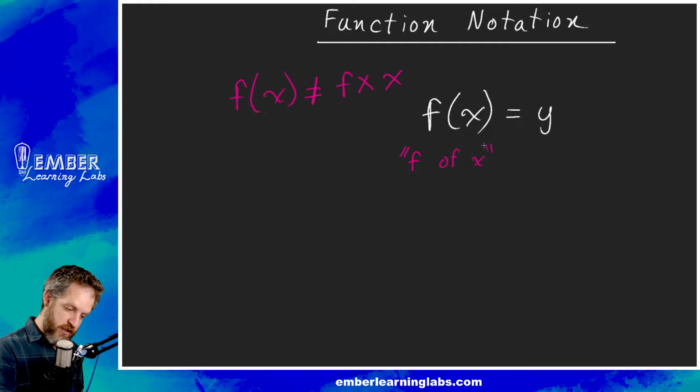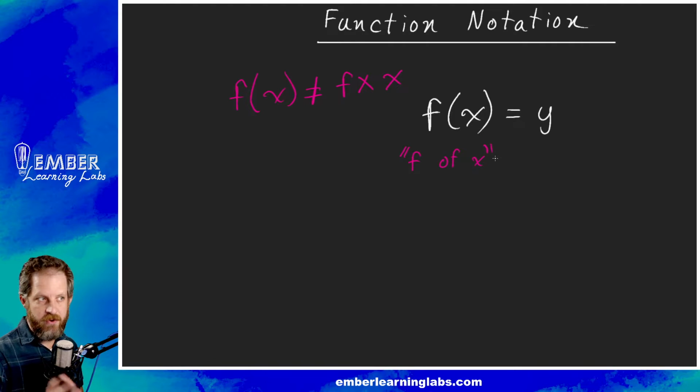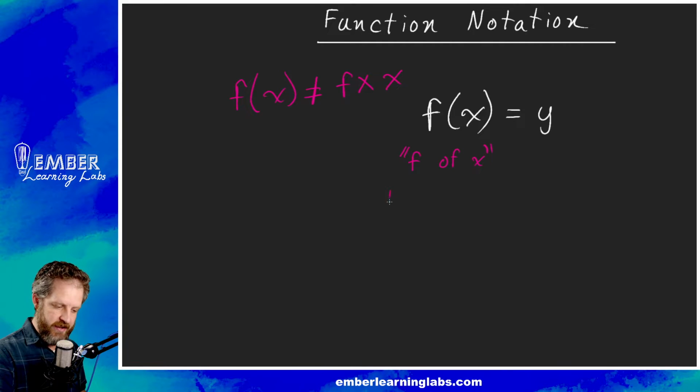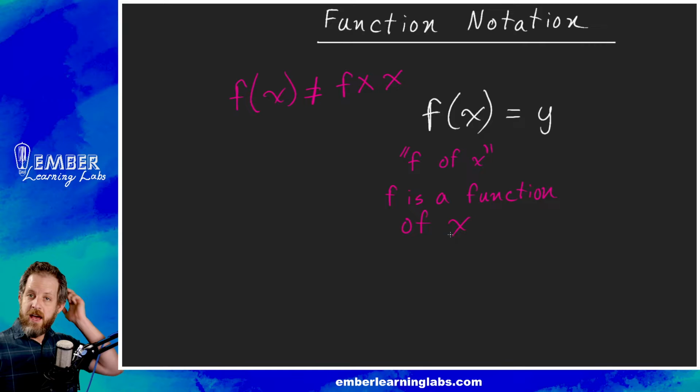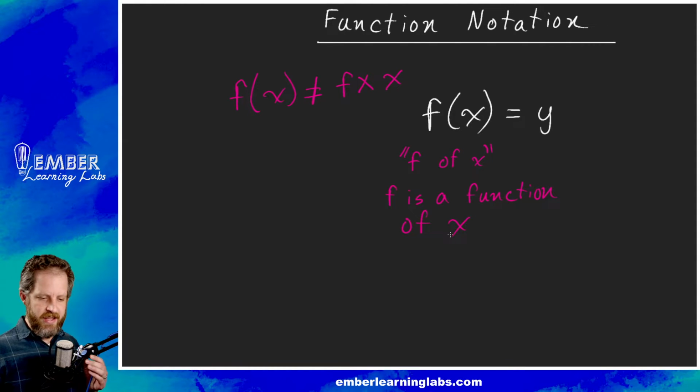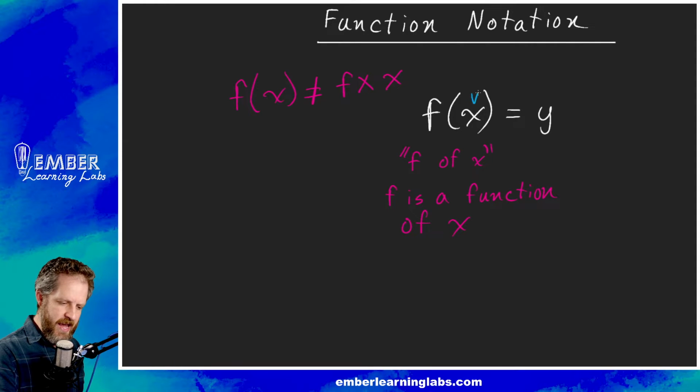And to expand on this, how we say it usually when we're speaking out loud, the more full way to say what this is: f is a function of x. Okay, so what this notation is telling us is that x is the independent variable.